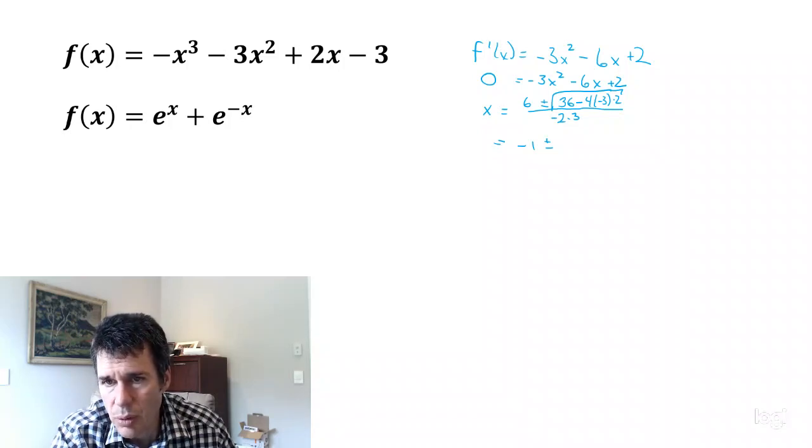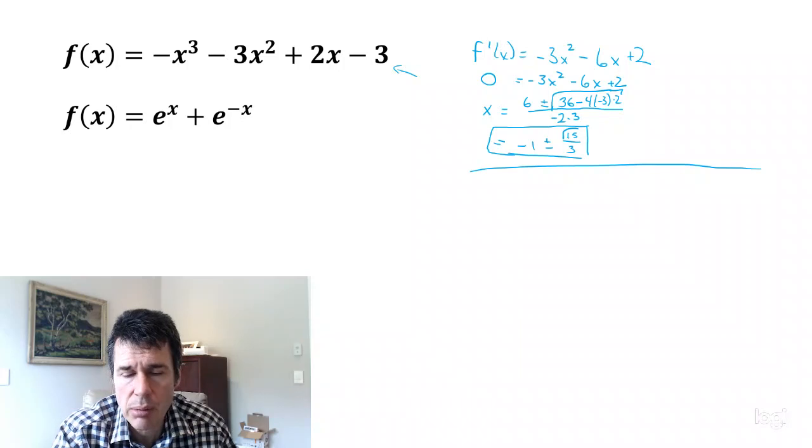We've seen this before. That's 4 root 15, so that's root 15 over 3. So those are the critical numbers for this function.